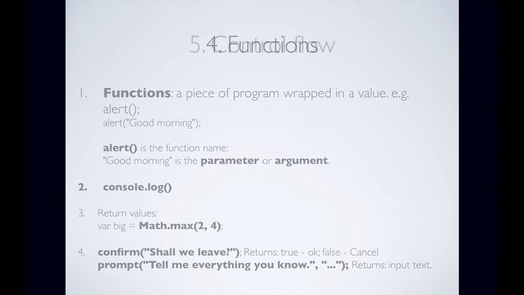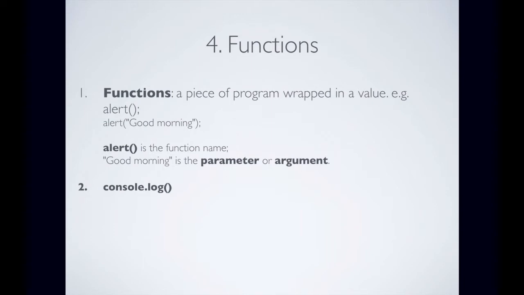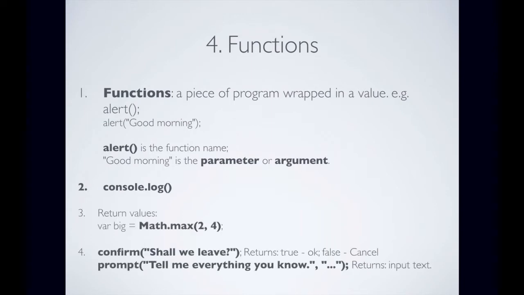So there are two more functions I want to cover which are mentioned in the book. They are confirm and prompt. Confirm is similar to alert, but it offers two buttons, so you can click OK or Cancel. When you click OK, it will return a value of true. When you click Cancel, it will return a value of false. That's a Boolean value. I hope you still remember that from the first chapter.